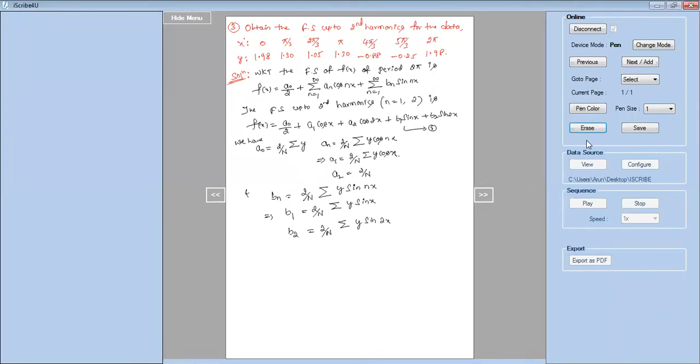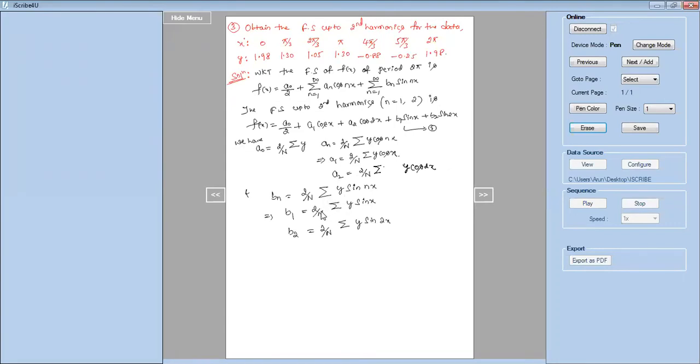So a2 is 2 by cap letter N summation y cos 2x. Okay. So the formula for a1 is 2 by cap letter N summation y cos x. A2 is 2 by cap letter N summation y cos 2x.